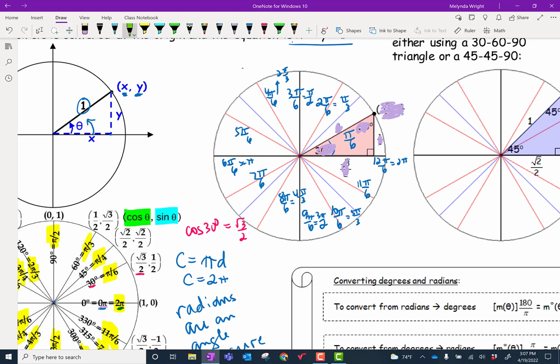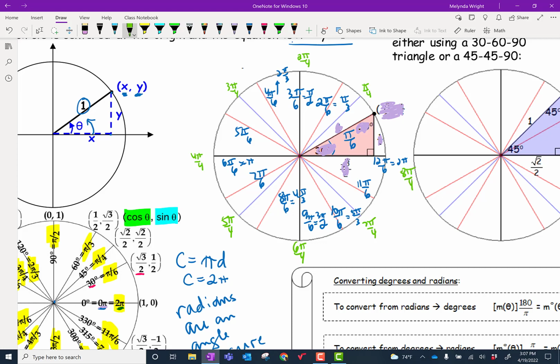So we start out with 1 pi over 4, 2 pi over 4, 3 pi over 4, 4 pi over 4, 5 pi over 4, 6 pi over 4, 7 pi over 4, and 8 pi over 4.